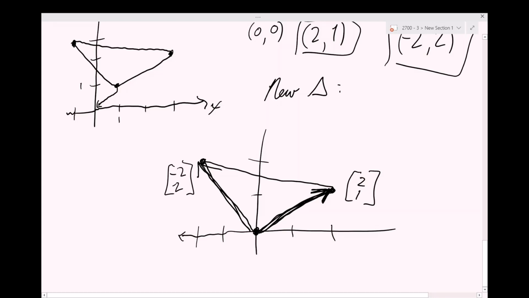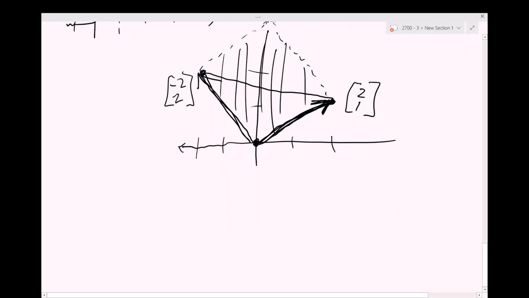And now the parallelogram determined by those vectors, which would look like this box, the area of that is going to be given to me by the determinant of that matrix formed by these vectors. So let's say 2, 1, negative 2, 2.